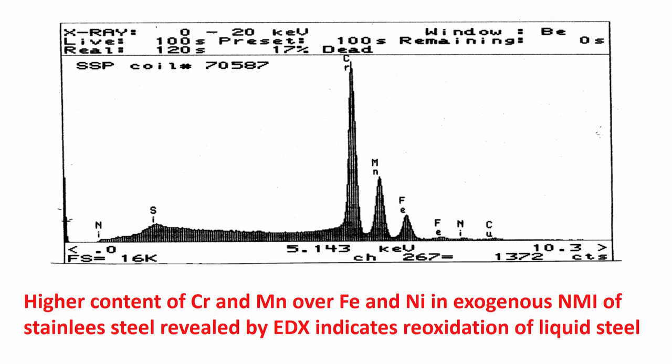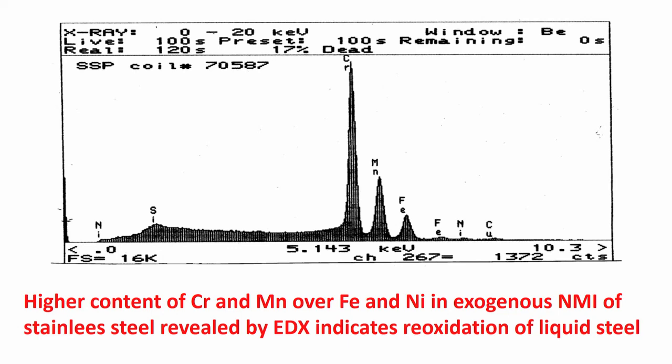But if there is a reoxidation product present as an entrapment, here the intensity of the X-rays of the different elements is changed. Now you are showing more chromium and more manganese compared to iron. So, we know that this entrapment is rich in chromium oxide and manganese oxide.